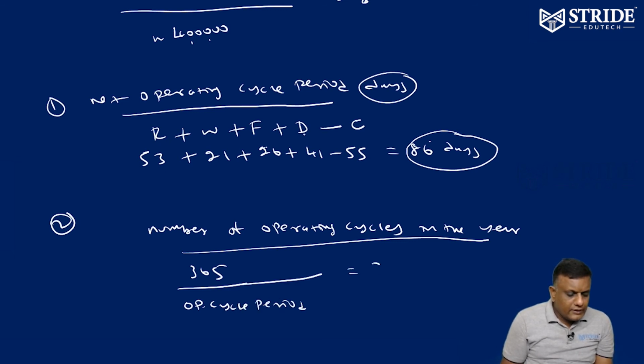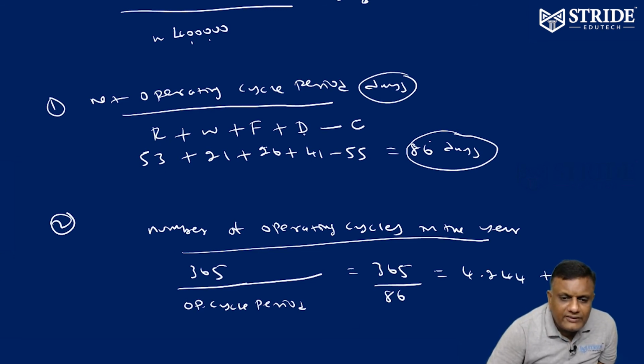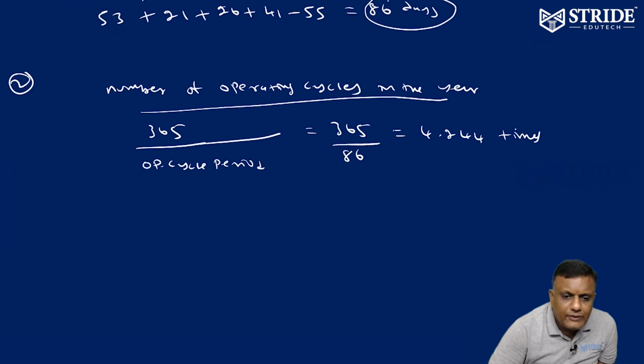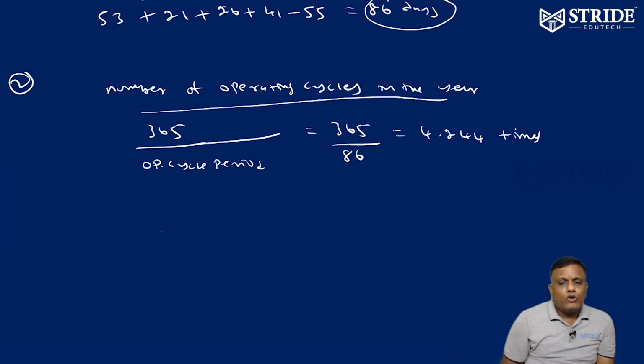So 365 by 86 days is equivalent to 4.244 times. Every year, 4.244 times is your operating cycle.